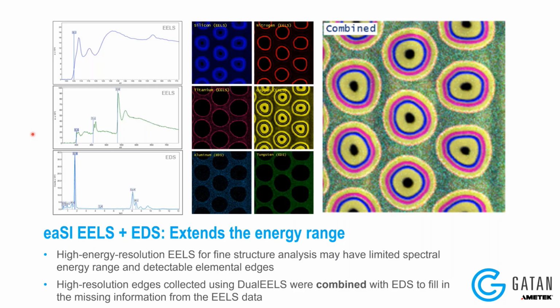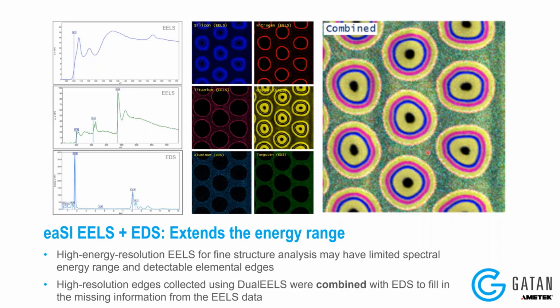If you combine EELS with EDS and collect the data sets simultaneously, you can extend the energy range. As you can see here, we have silicon, nitrogen, titanium, and oxygen mapped using EELS spectrum, and aluminum and tungsten mapped using EDS.